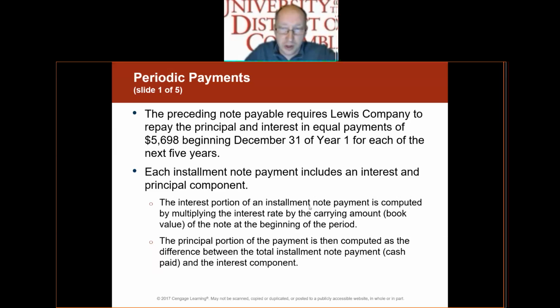The interest portion of the note is computed by multiplying the interest rate times the carrying amount, call it the book value, of the note at the beginning of the period. The principal portion of the payment is then computed as the difference between the total installment payment and the interest component.